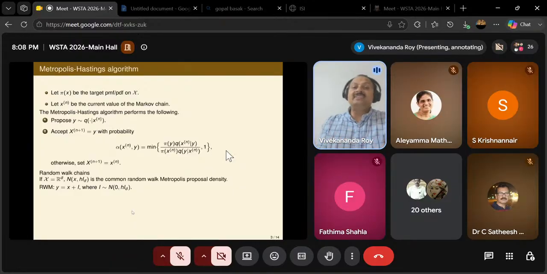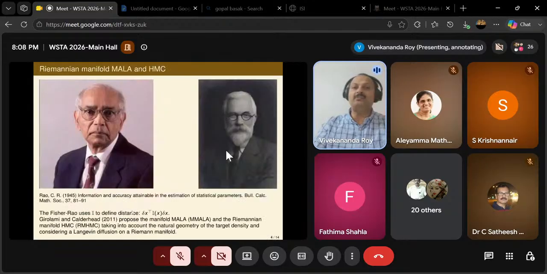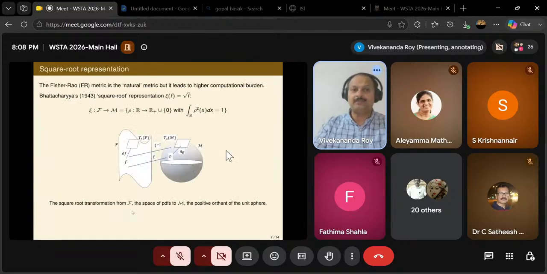This is a Euclidean move, simply X plus I, where I is another d-dimensional vector. Whereas your target lies in a manifold, so it doesn't take into account the manifold structure of your target.